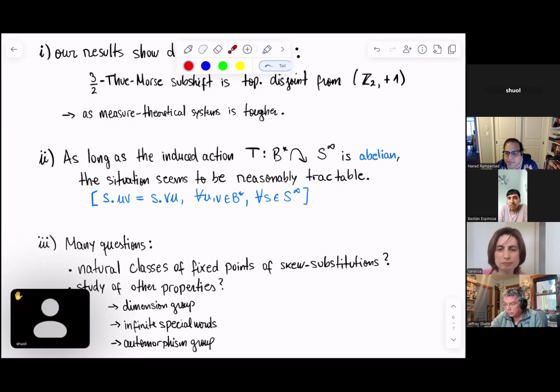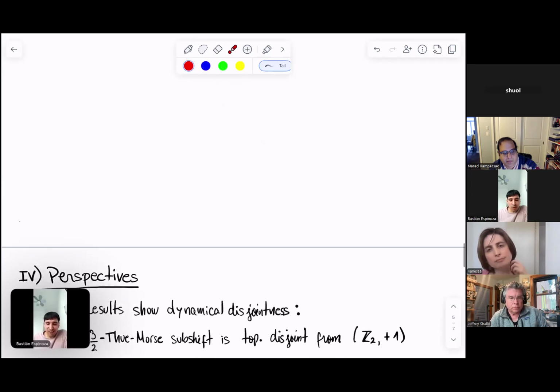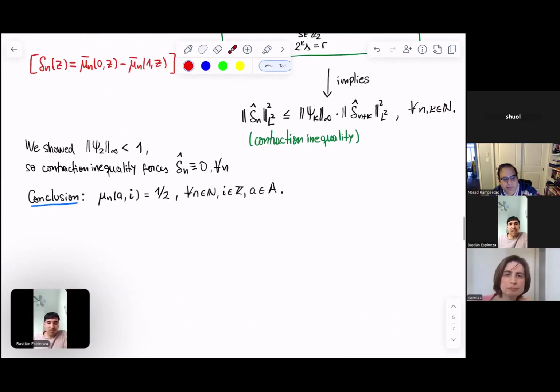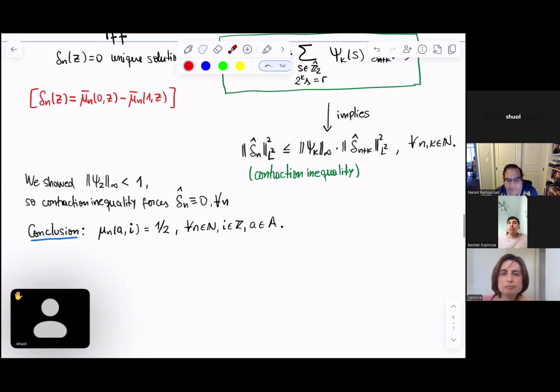Okay. So what is the point that prohibits you from using the Fourier method for all uniform substitutions? That's a good question. We don't know. We don't even have an idea. I mean, we have some sufficient conditions that seem reasonable, but a complete characterization, I don't know.